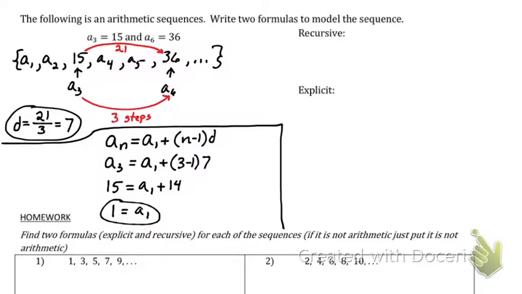Once you have both of those, you have your recursive and your explicit. Recursive starts with a sub 1 equals 1 in this case. And then we'll have a sub n equals the term before it, plus our common difference of 7.